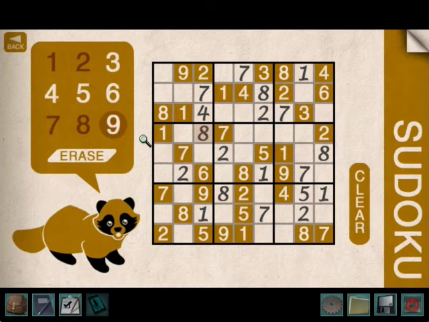Alright, hopefully we can get all the 9s in as well. Okay, so now we're just down to 3, 4, 5, 6. There's a 3 that must go there to complete that.